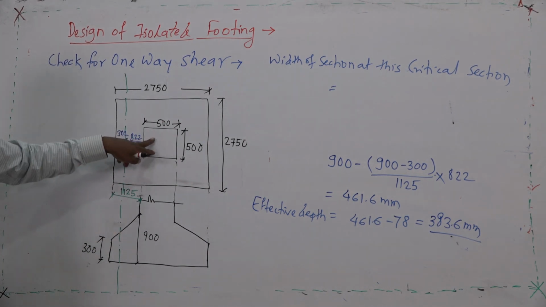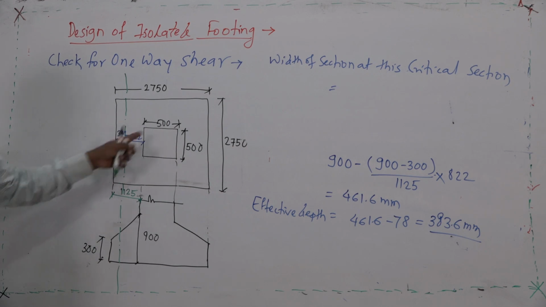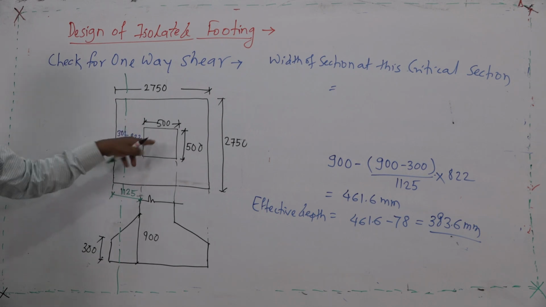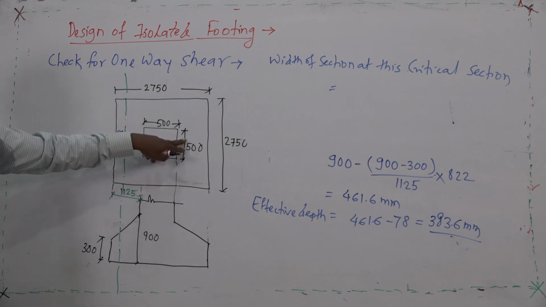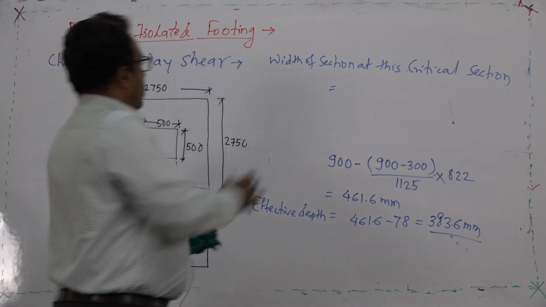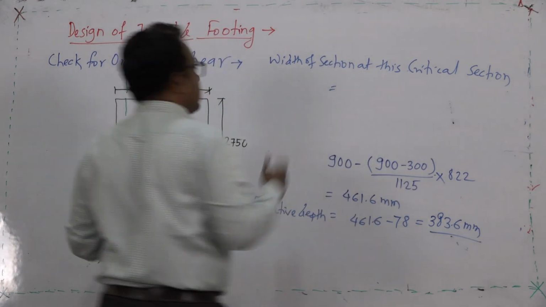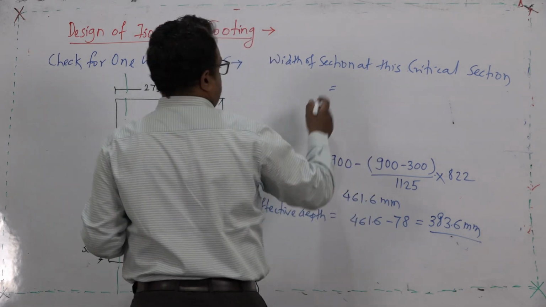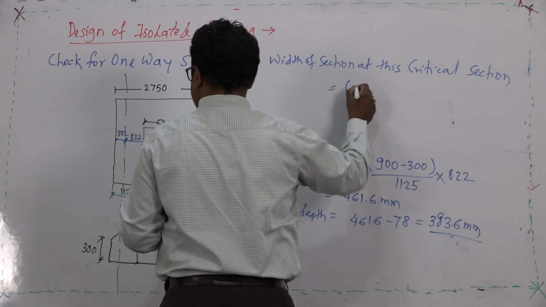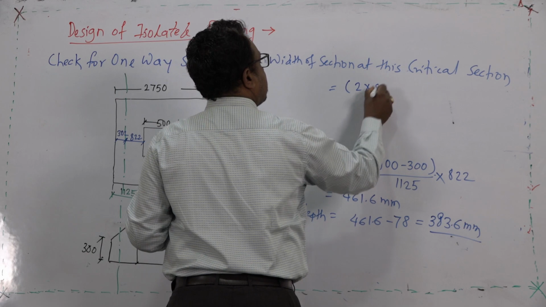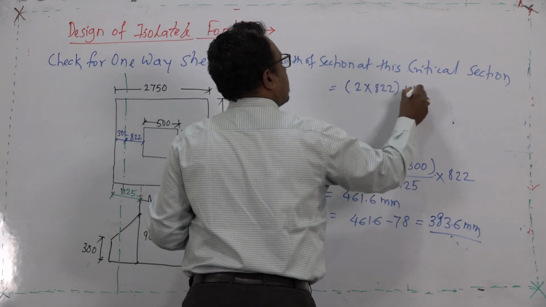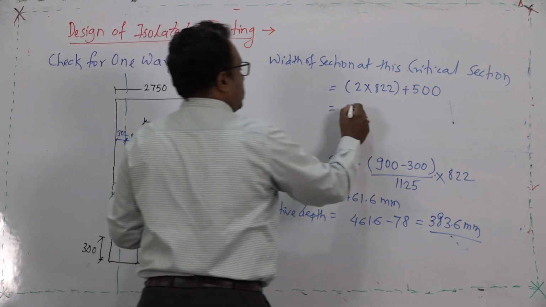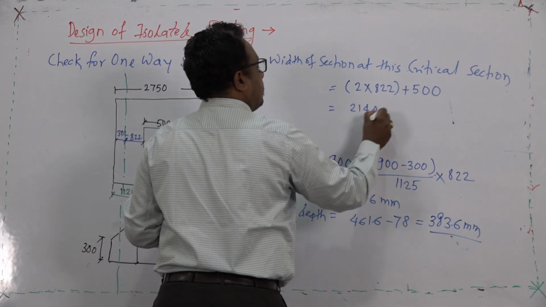Obviously, this is 500, this is 822 and one more 822 will be there. So, that width, the addition of this and one more 822, will become the effective width which will resist the shear or which is responsible to produce the shear force at that section. So, this becomes 2 times 822 plus 500, which is 2144 millimeter.